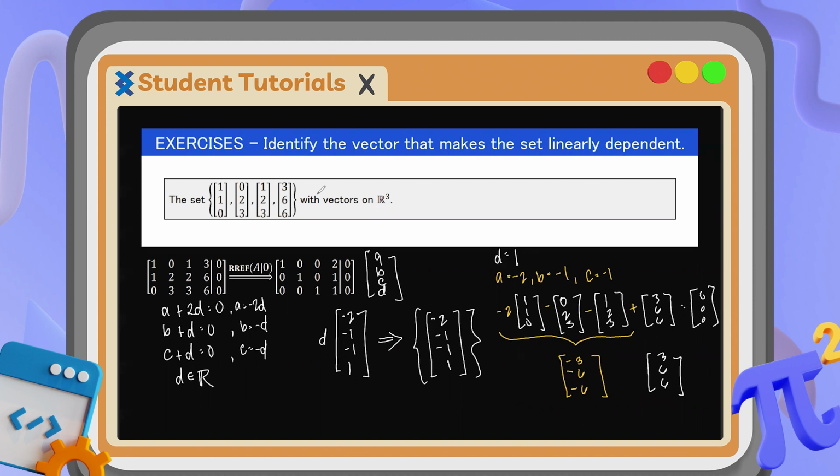That means this vector is making it linearly dependent, because three vectors create the additive inverse of this other vector, so that when you add them, it gives the zero vector. So the vector that makes it linearly dependent is vector 3, 6, 6.